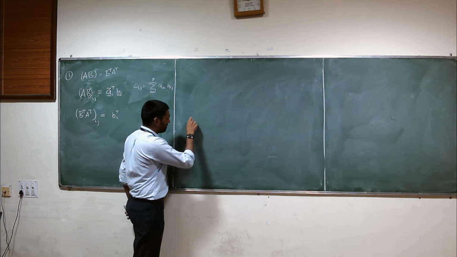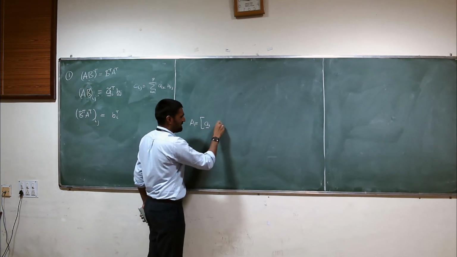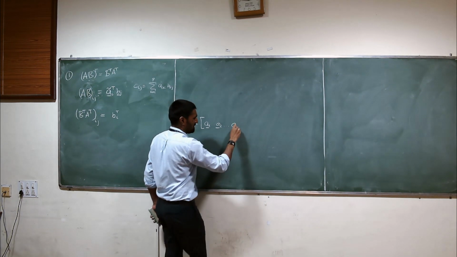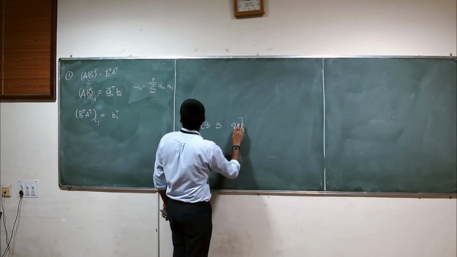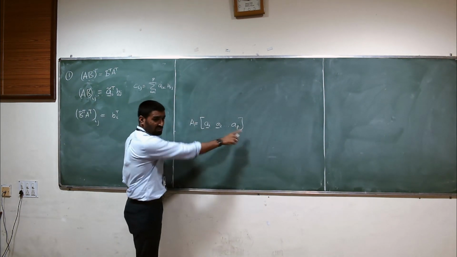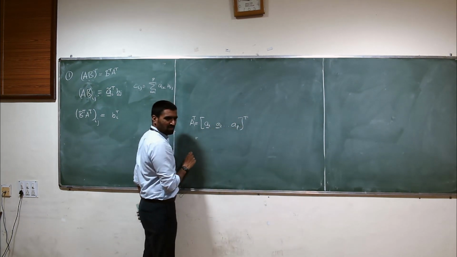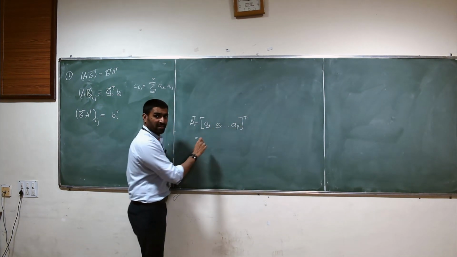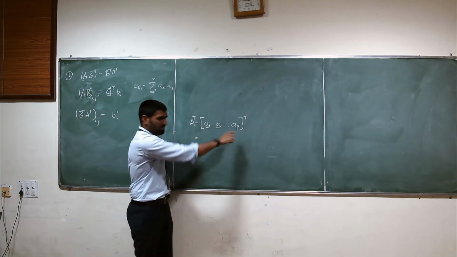Okay, here. If I have a block matrix A, that's written like this: A1, A2, and so on. Okay. This is a block matrix. What is the transpose of a block matrix? This is the column.